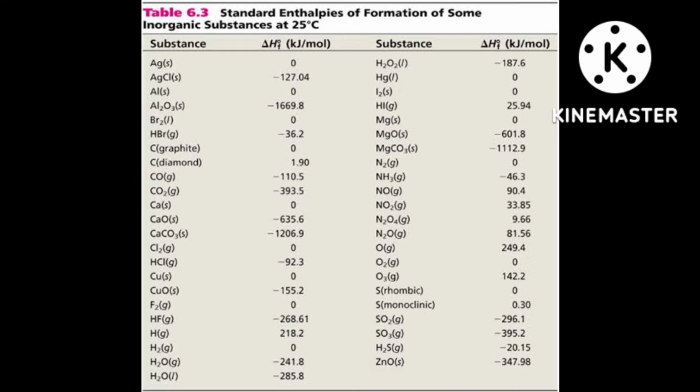Magnesium hydroxide, its value is minus 924.54 kilojoule per mole. And quartz, silicon oxide, SiO2, solid, its value is minus 910.94.